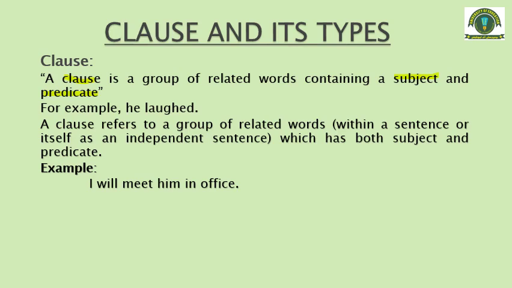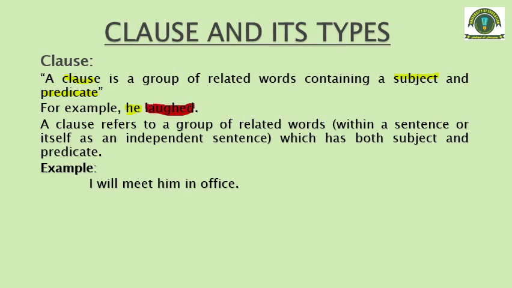Now let us take an example. So you can see on the screen, he laughed. He. This is our subject, the one who is performing a certain action. And laughed. It is the predicate.